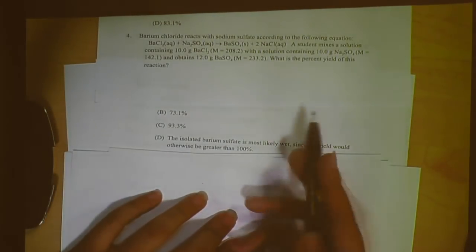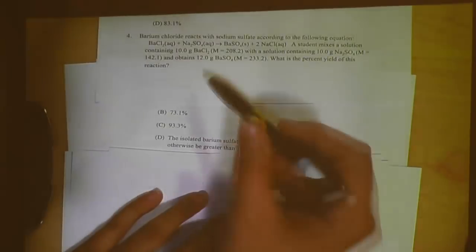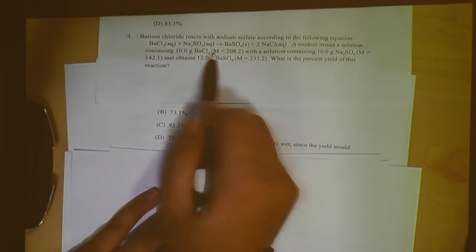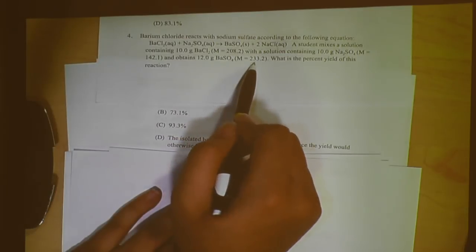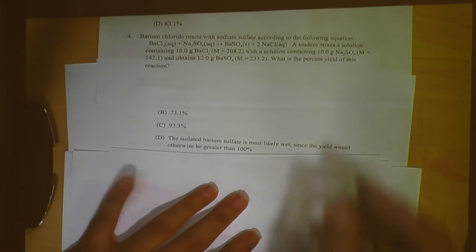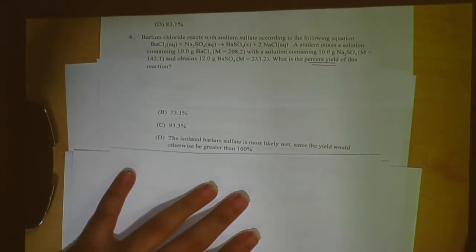And then the student mixes a solution containing this amount of BaCl2. When it gives you M, big M equals this, that means molar mass. So they don't want you to calculate molar mass, they give it to you, which is really nice. And it gives you the solution containing this amount of Na2SO4, again gives you molar mass. And it obtains this. So it's asking for the percent yield. The main thing it's asking for is percent yield.